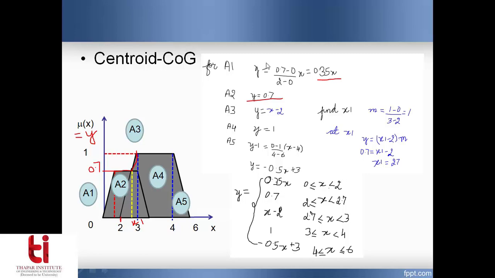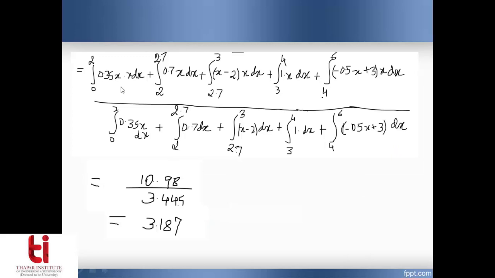Once I have identified the relationship between x and y for these regions, I can easily write what the relationship is for each interval. Now I can apply the integration of the centroid method. It is first 0 to 2, 0.35x into x dx.